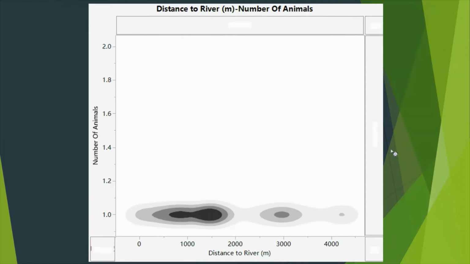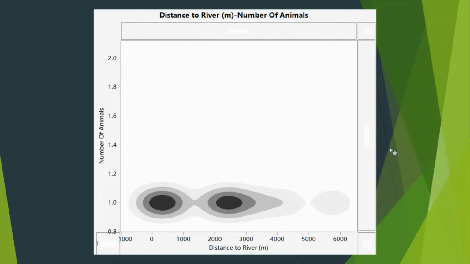And this data was recorded during October 2012, which shows that the hyenas got closer to the rivers because of the dry season. I'm not sure, but the data shows that they got closer to the river. This picture is weird, I know, because during April 2013, we only found a few data points related to hyenas.